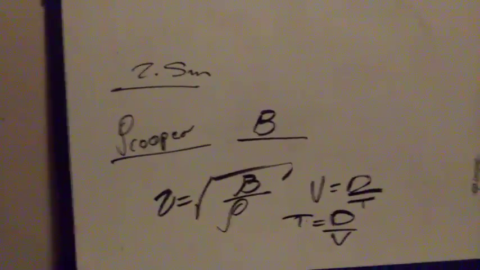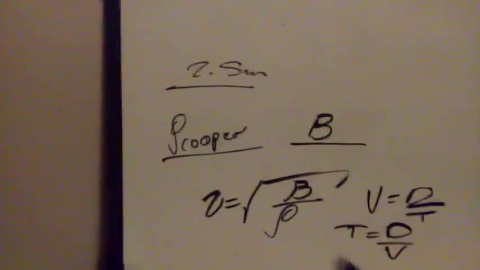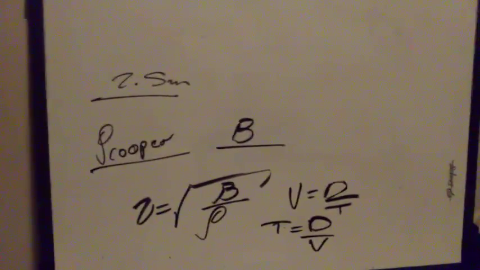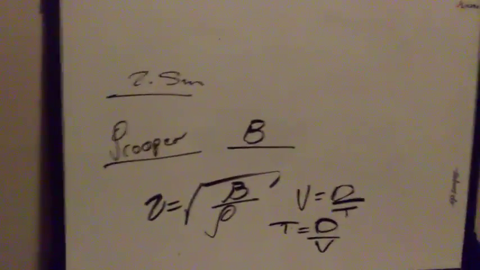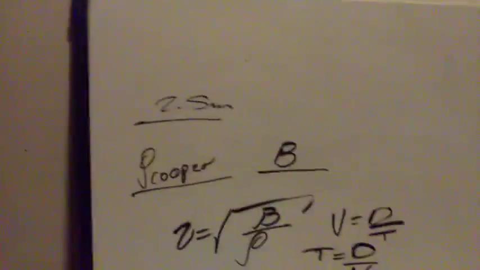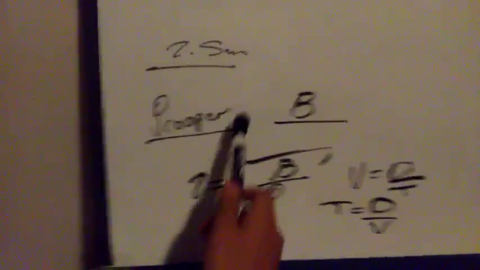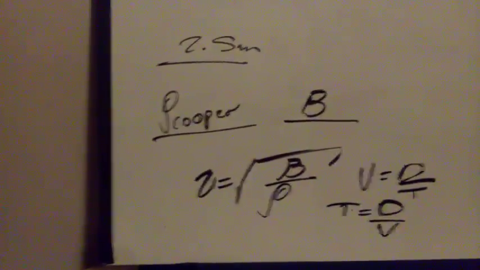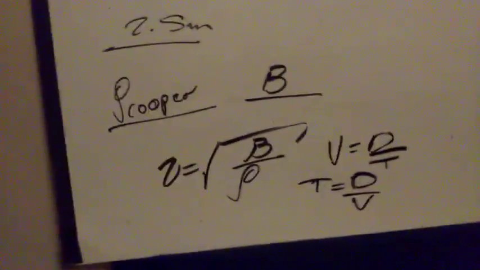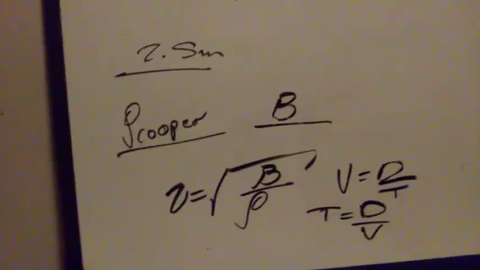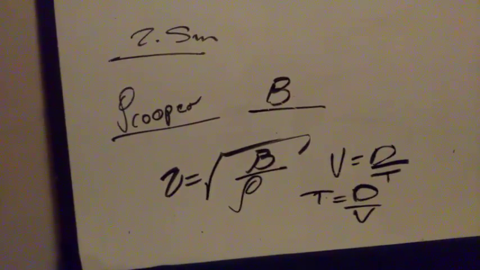Besides, they ask us to find the time it takes the sound to travel through a piece of rock. This is the length of the piece of rock, and they give us the density of the copper, which is the thing that the rod is made of, and they give us the modulus of elasticity.